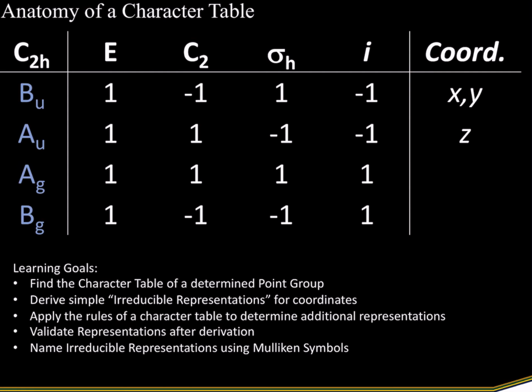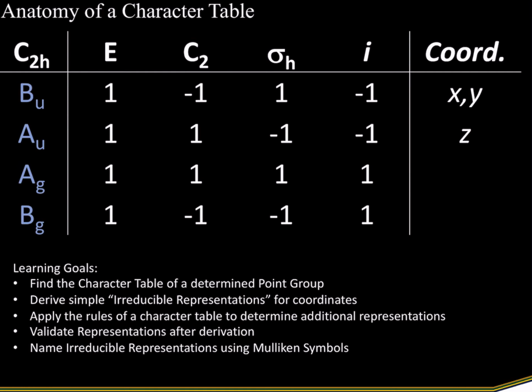In addition to deriving these irreducible representations for coordinates, we can apply the rules of character tables to determine any missing representations. This is how we filled in the Ag and the Bg irreducible representations.